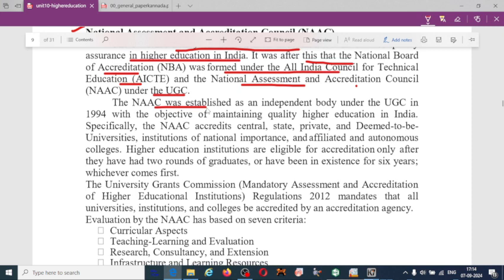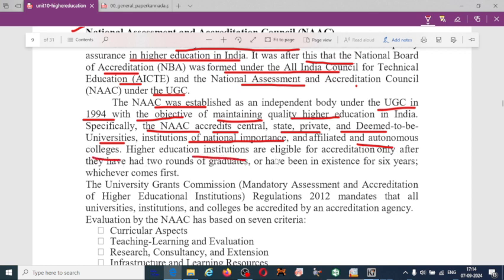NAAC was established as an independent body under the UGC in 1994 with the objective of maintaining quality higher education in India. Especially, NAAC accredits central, state, private and deemed to be universities, institutions of national importance, and affiliated and autonomous colleges.